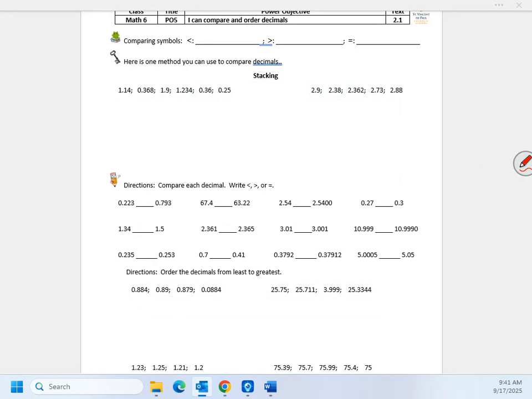Okay, now let's try this again. In order to compare decimals, we need to know what the symbols mean. When we see that symbol pointing to the left, that means less than. So the number that comes first is less than the number that comes second. When we see the symbol pointing the opposite way, the number that comes first is greater than the number that comes second.